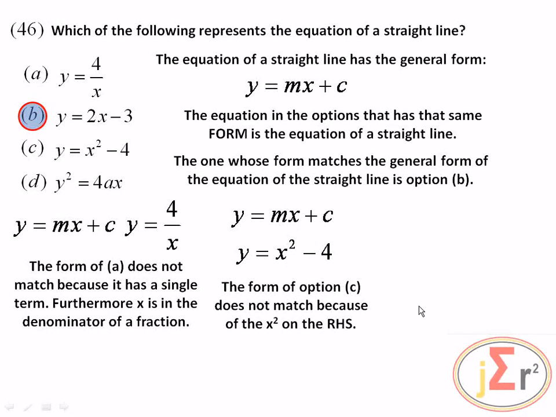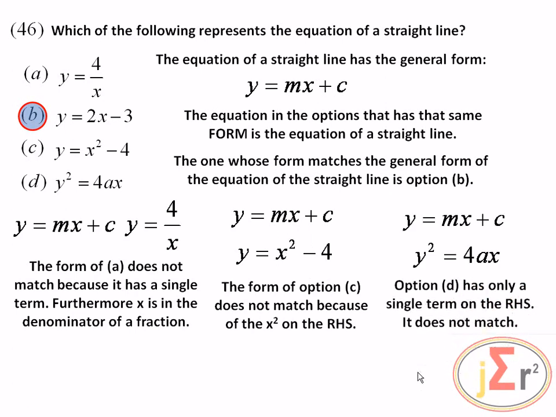So there is no match between the two equations. Next is the comparison with option D. Option D has only a single term on the right hand side. It does not match.